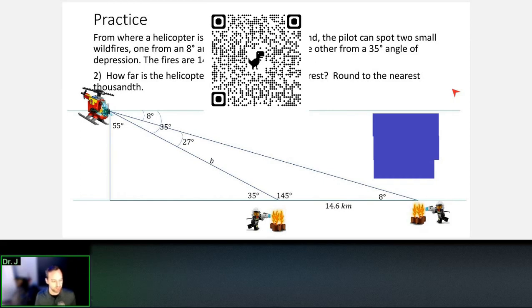All right, which method did we use? Law of sines? Isabella, same thing? All right, Isabella, tell me your setup. So on the left side of the equation, what did you write? 18.446 over sine 145.